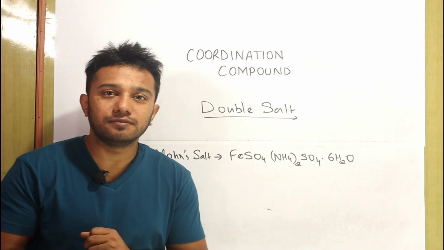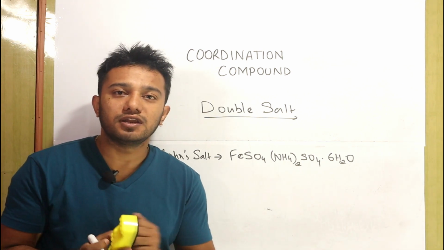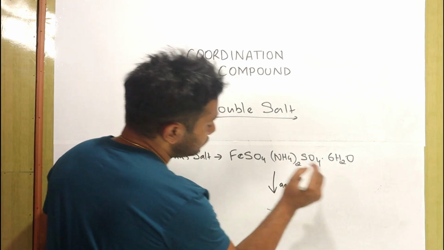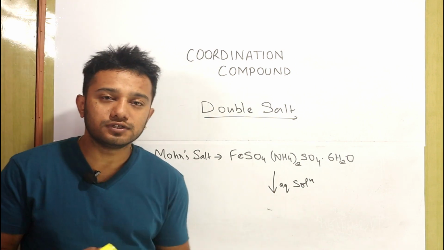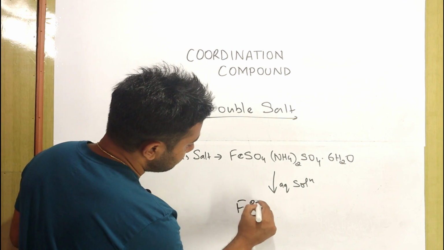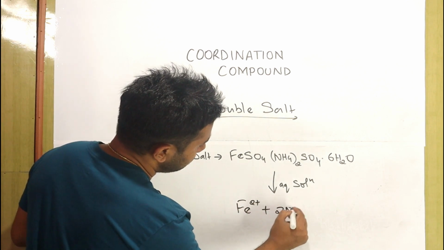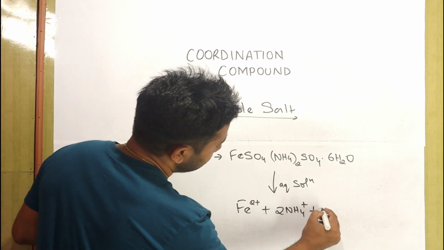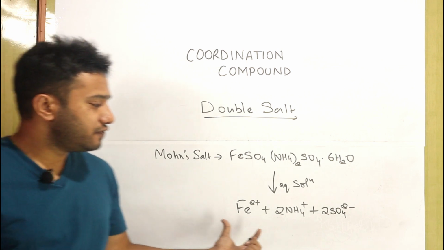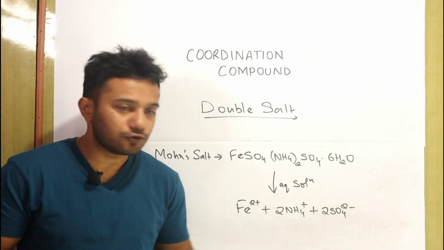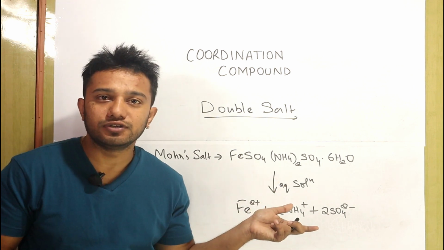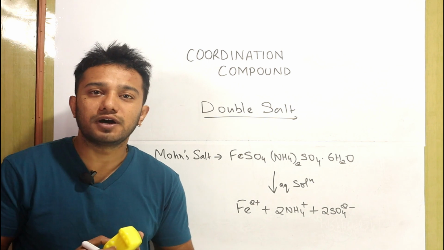Out here, this double salt, when you dissolve it in an aqueous solution, let's say I'm dissolving this one in an aqueous solution, we have Fe2+, NH4+, and SO4 2- ions. So this Mohr's salt, when you dissolve it in an aqueous solution, breaks itself into particular ions.